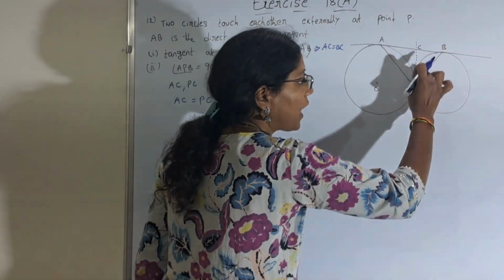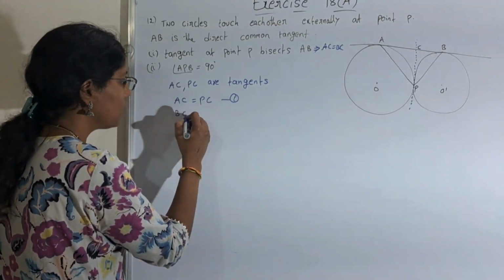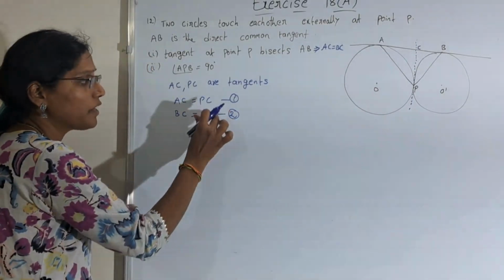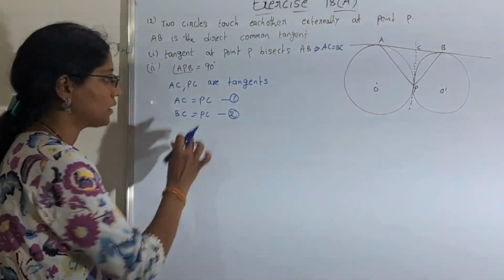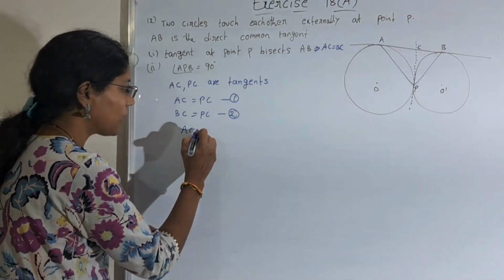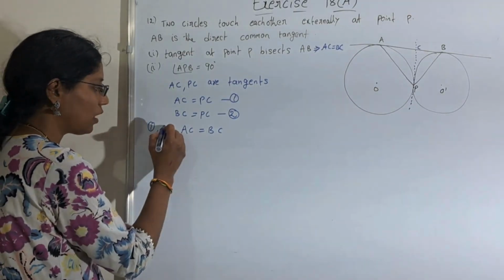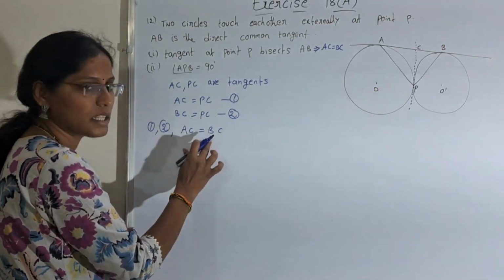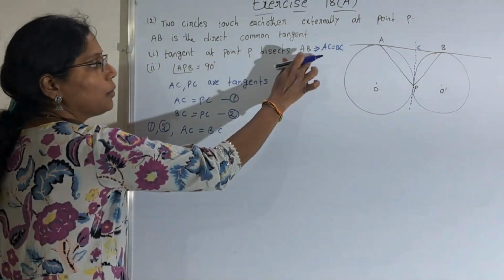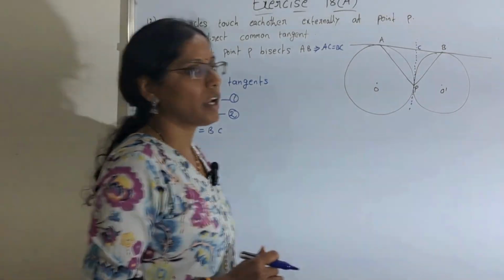These two lines are tangents to the second circle. Here BC is equal to PC. Equation 2. From equation 1 and 2, what we can say? Right hand sides are equal. So left hand sides are also equal. We can write AC is equal to BC. First condition proved.